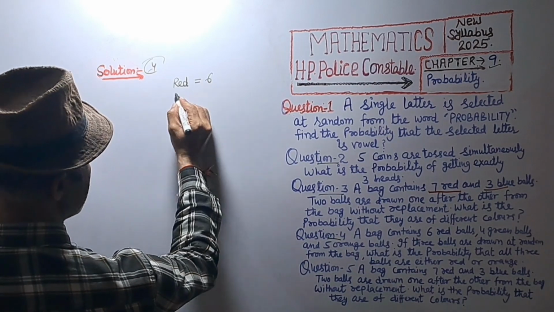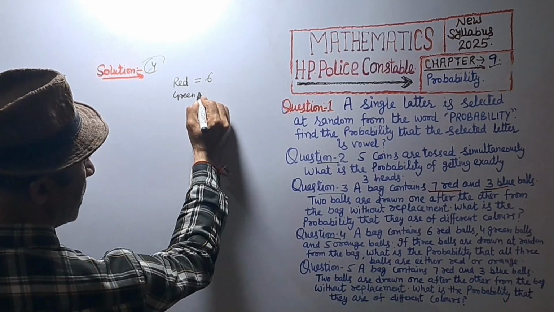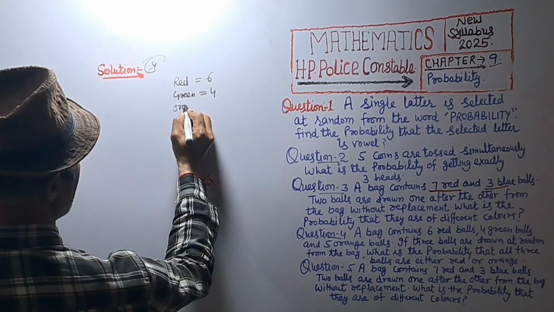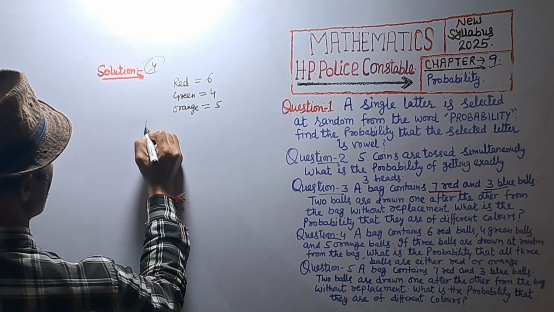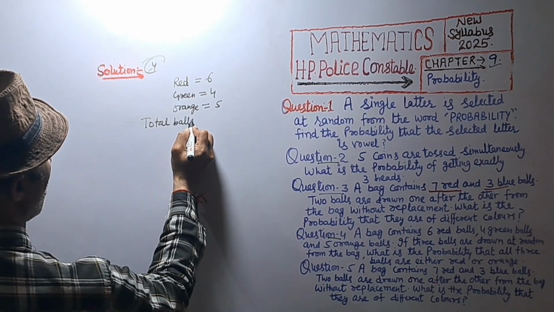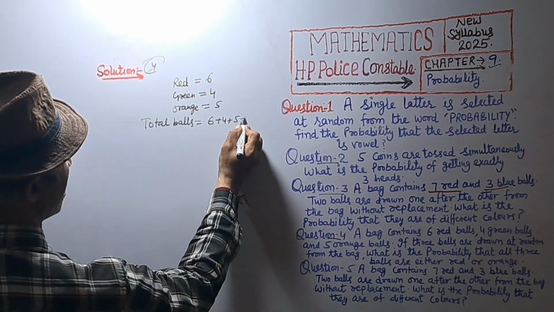Red balls 6, green balls 4, orange balls 5. Total balls equal to 6 plus 4 plus 5 equal to 15.